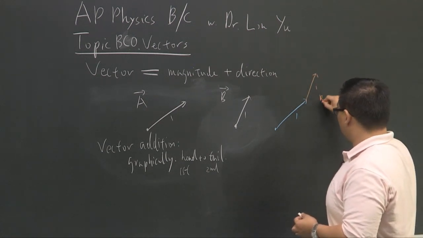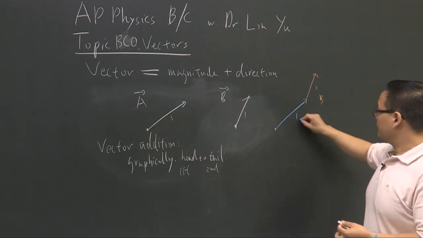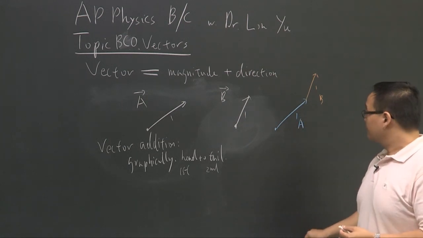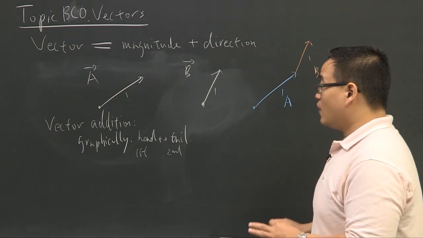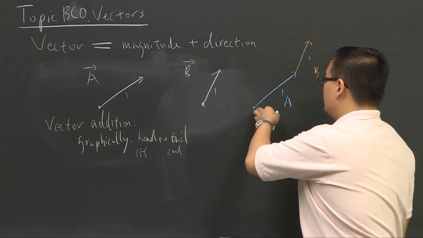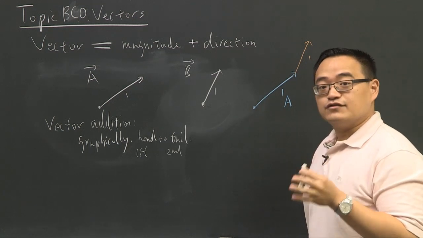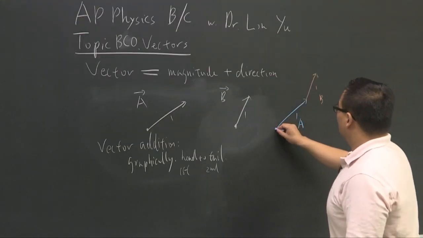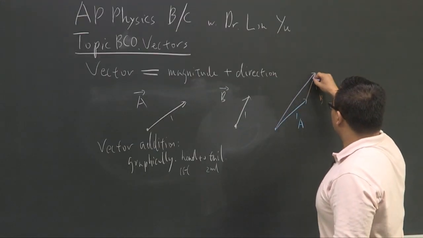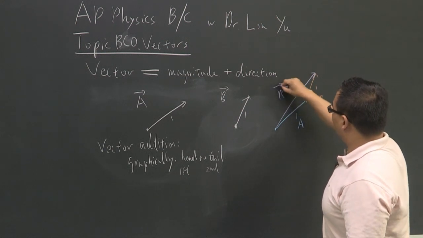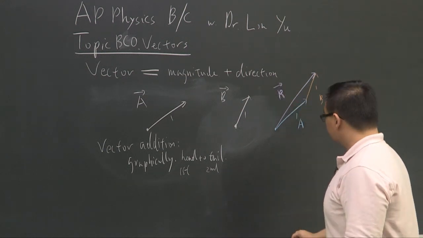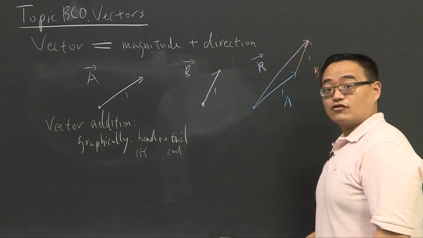So this is B, right? And this is your A. Okay? So if I'm adding vectors, I'm going to walk from here to there, and that's where I'm going to end up. So the sum of the two will be a vector that looks like this. We call it R. Okay? Vector R.